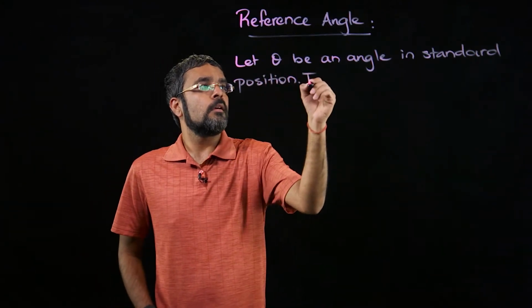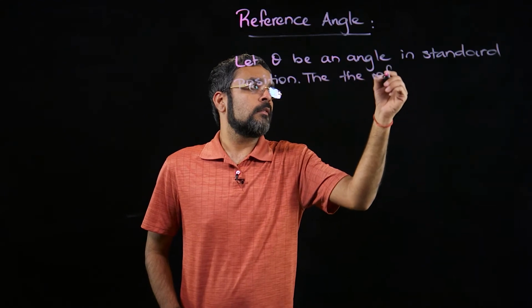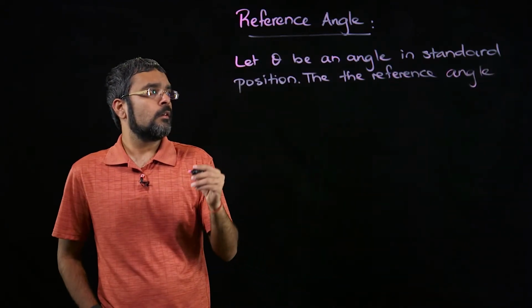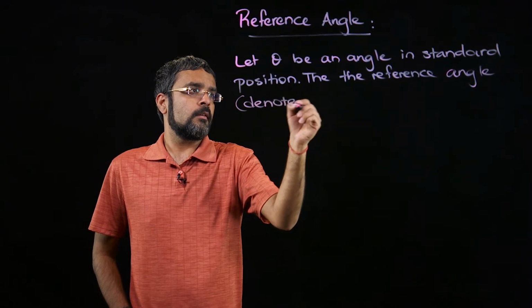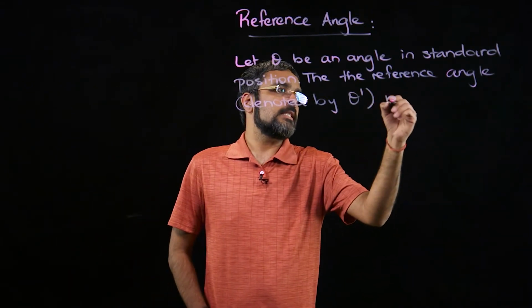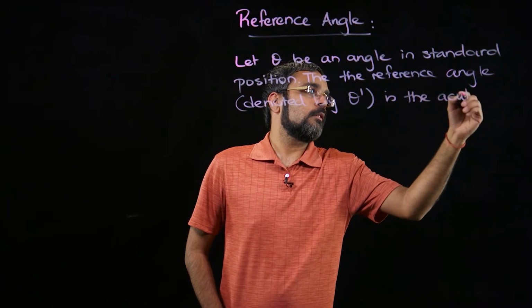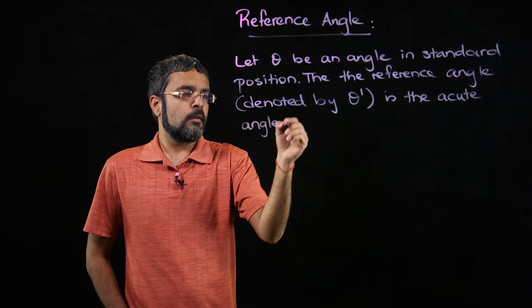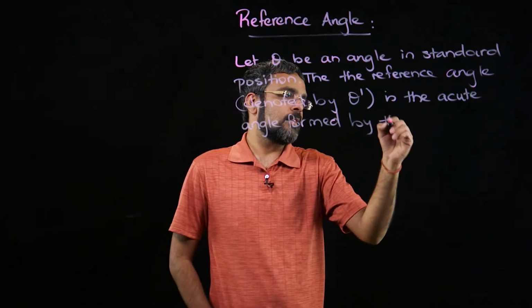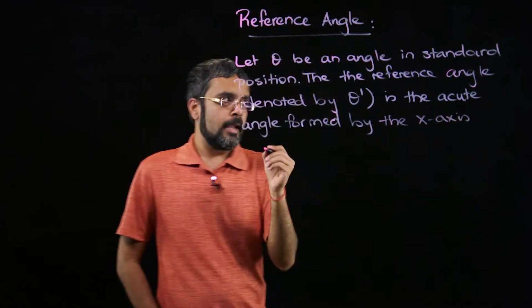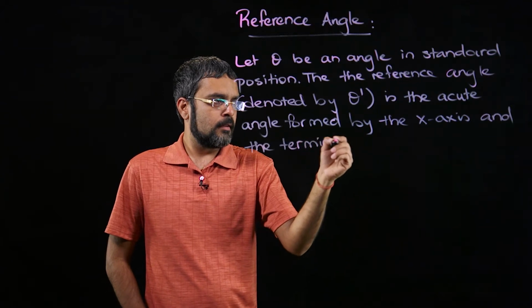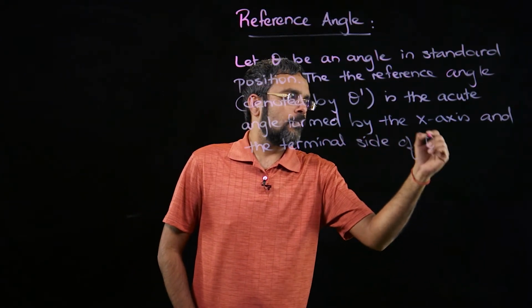Then the reference angle, denoted by theta prime, is the acute angle formed by the x-axis and the terminal side of theta.